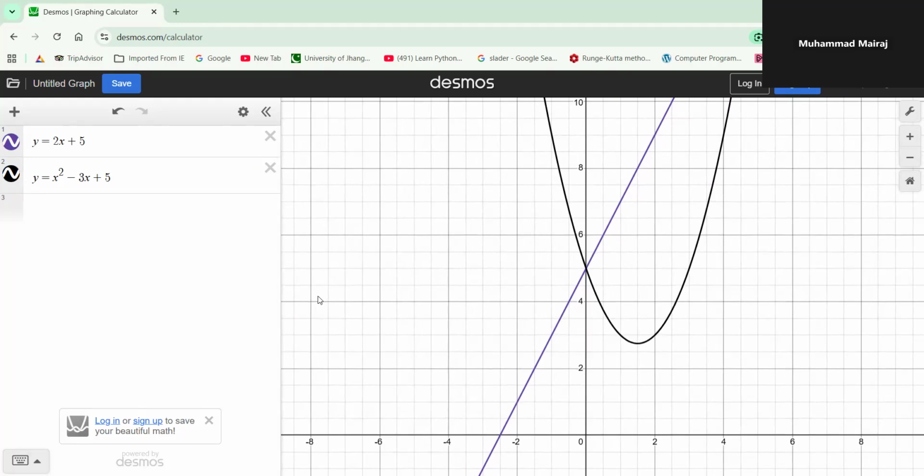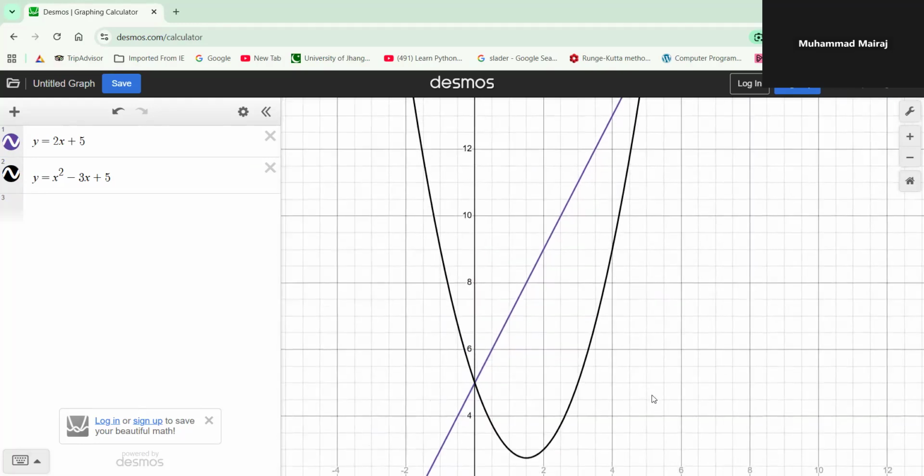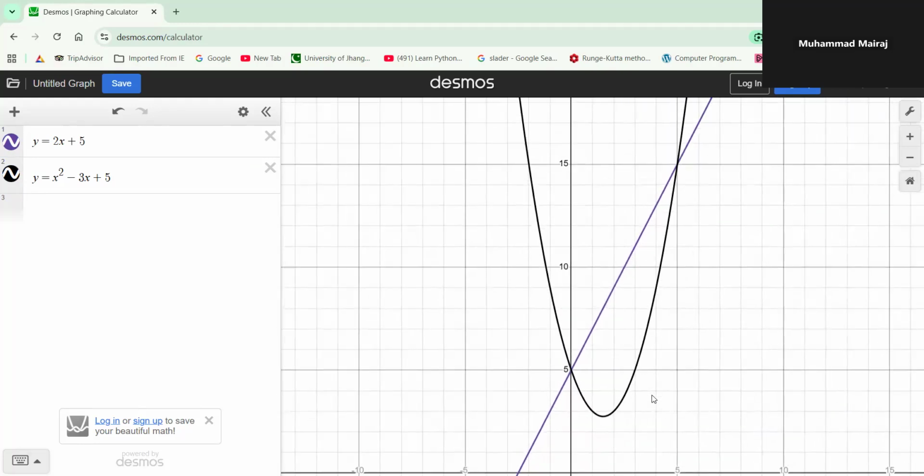And then we find the intersection. So we click on each of the points here. This is the intersection point here, 0, 5, and this one is also an intersection point, which is 5 and 15.